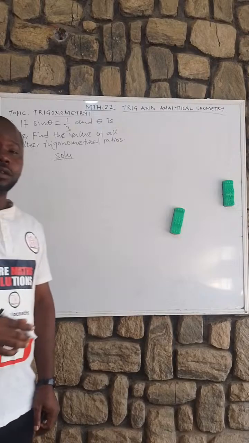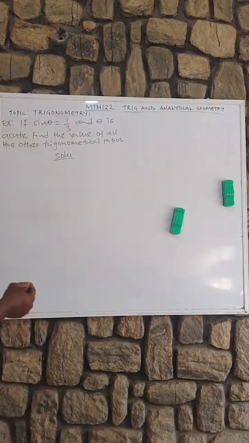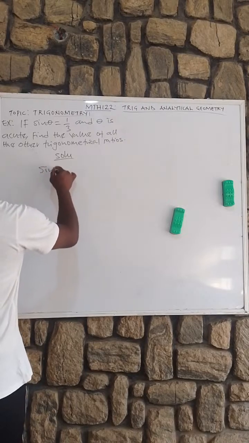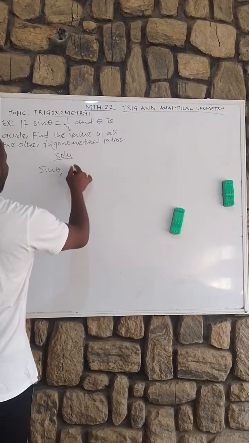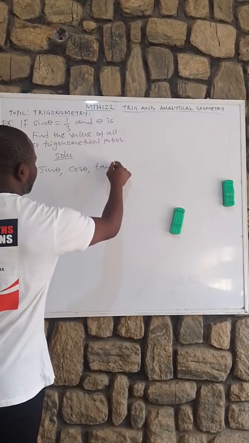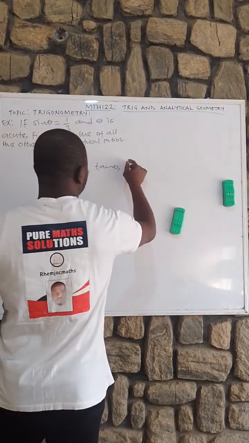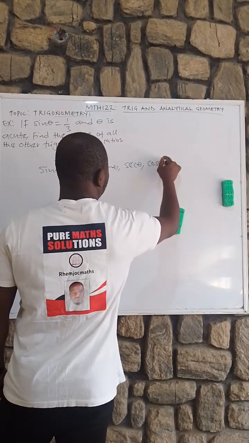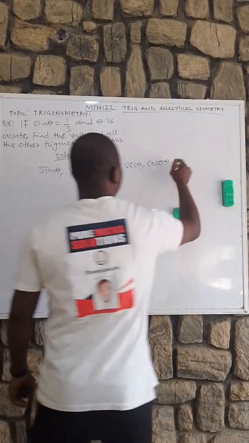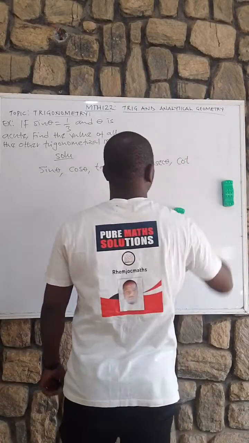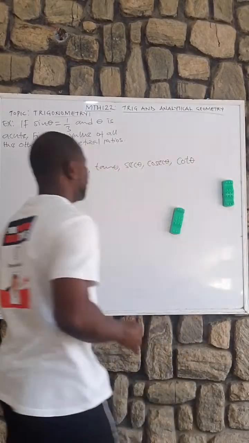What I will advise you, all the trigonometrical ratios, we have sin theta, cos theta, tan theta, sec theta, cosec theta, cot theta. True or false?